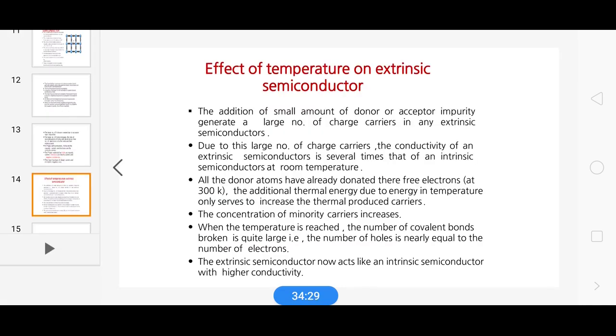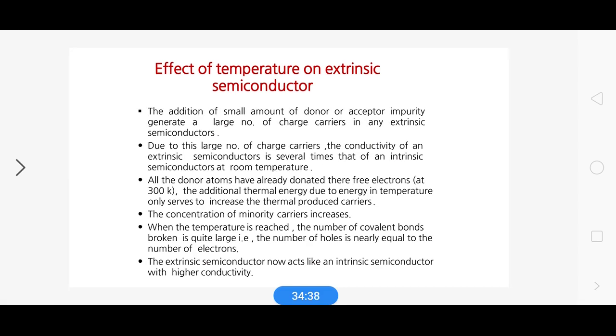Now the effect of temperature on extrinsic semiconductor. The addition of a small amount of donor or acceptor impurity generates a large number of charge carriers in an intrinsic semiconductor.